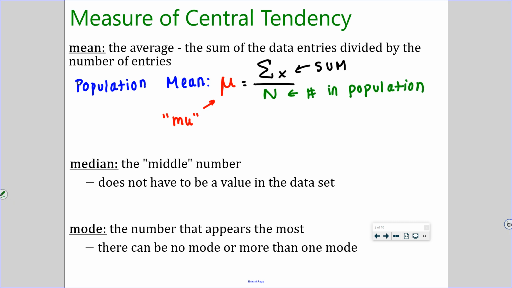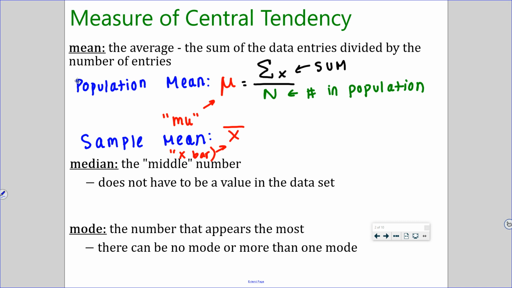We could calculate the population mean or just a sample mean, and sample mean is more common. For sample mean, we use this notation, read as X bar. If you ever see X bar, they're talking about the mean or the average.